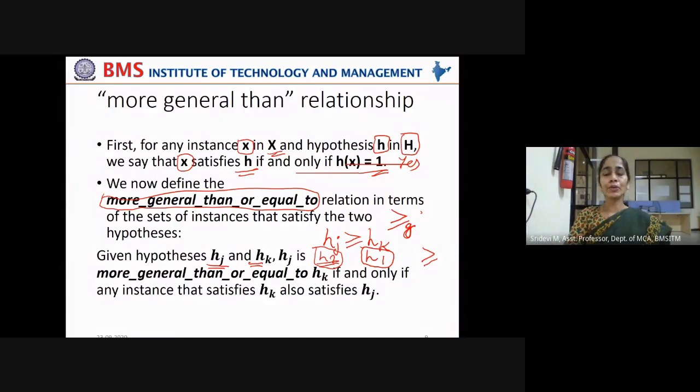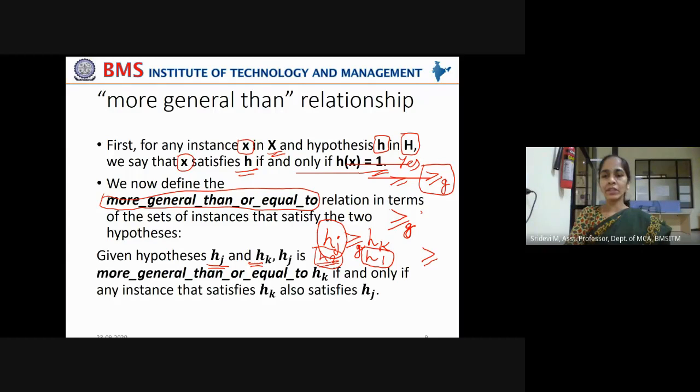I'm putting this into a mathematical notation here. How do I represent that Hj is more general than Hk? Hj is more general than or equal to Hk, and I'm adding G here. You should not get confused between the normal greater than or equal to symbol and the more-general-than-or-equal-to symbol.